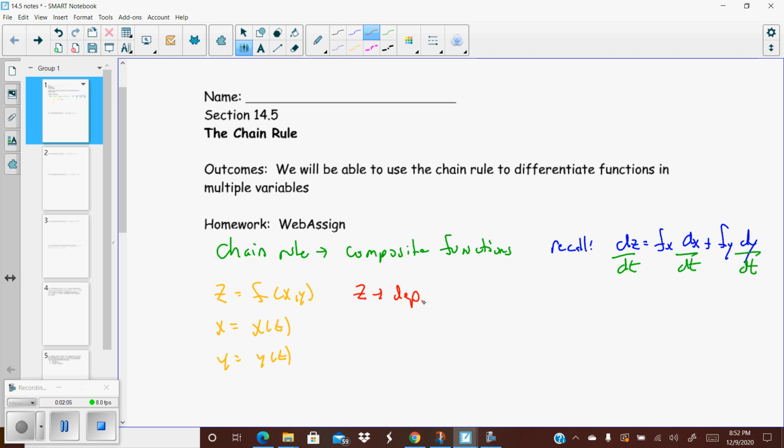X and y both depend upon t, but they are independent of z, which makes them intermediate variables. So x and y are what are called intermediate variables, because they depend upon something, but they are also independent to something else. And then t, in this case, is strictly an independent variable.